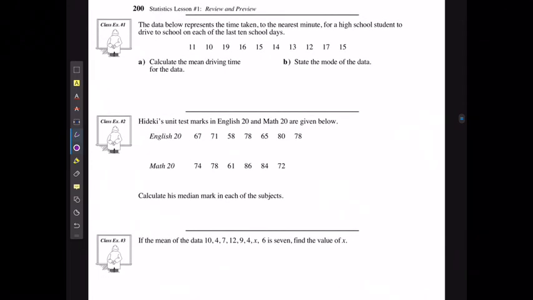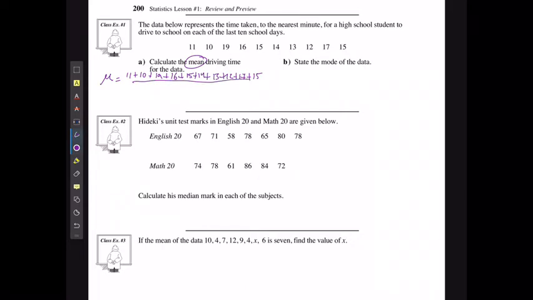So if we put this into examples, then we're going to say that the data below represents the time taken to the nearest minute for high school students to drive to school on each of the last 10 days of school. The first thing we're going to do is calculate the mean driving time, which means that mu, which is the mean, is equal to all the numbers added together, 11 plus 10 plus 19 plus 16 plus 15 plus 14 plus 13 plus 12 plus 17 plus 15.